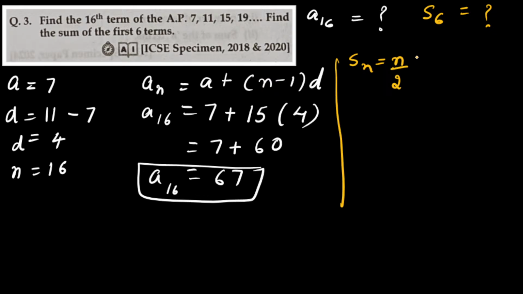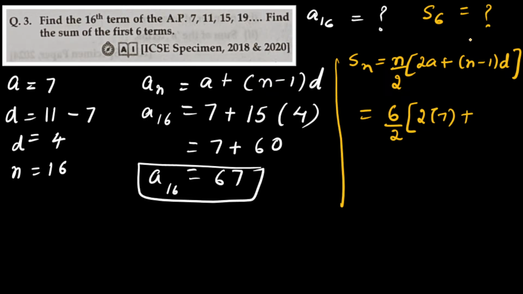The formula is n by 2 into 2a plus n minus 1 into d. So n is 6 here, 6 by 2, because the sum of 6 terms we have to find. So 6 by 2 into 2a. a's value is 7, 2 into 7 plus 6 minus 1, which is 5, d is 4.